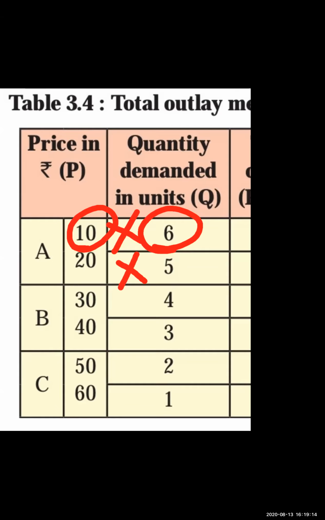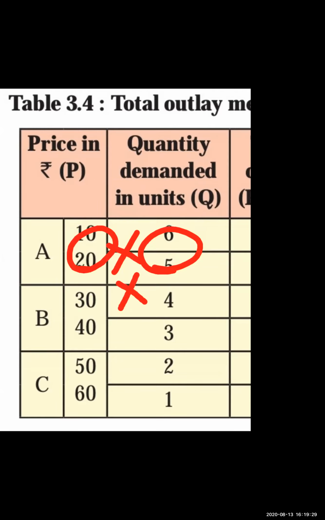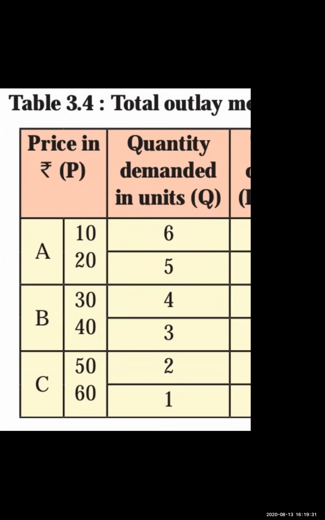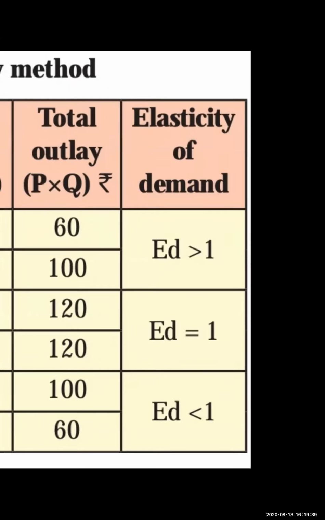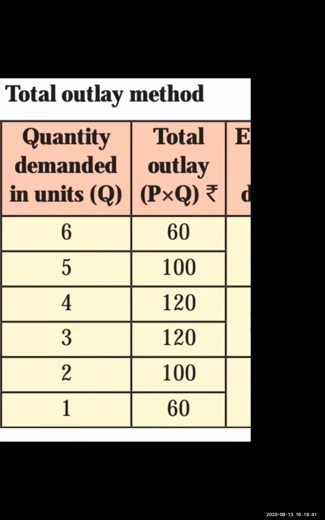Yes, Jigna. It is more. Yes, Joy. That is why, which type of price elasticity is it? Relatively elastic demand. Good, Ojas. Good, Joy. Your answer is correct. It is more than one, and this is relatively elastic.